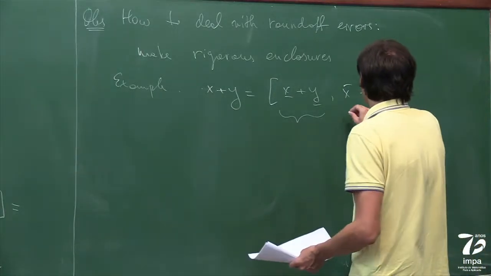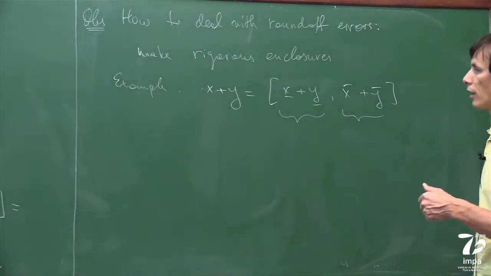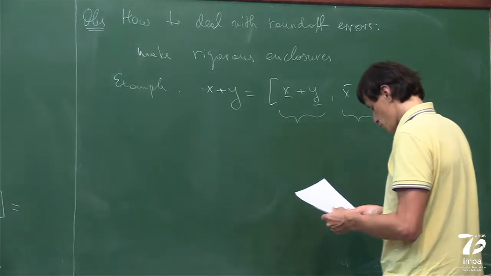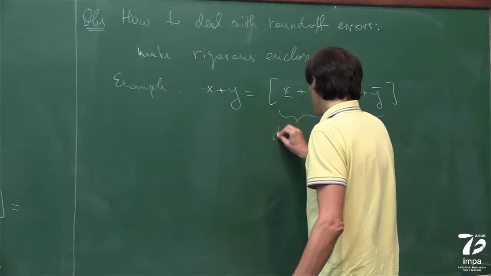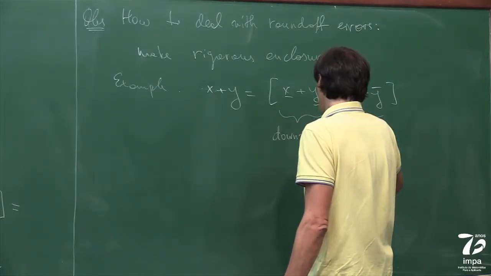So how you do this rounding such that you obtain a rigorous result is that for the first you should use downward rounding.